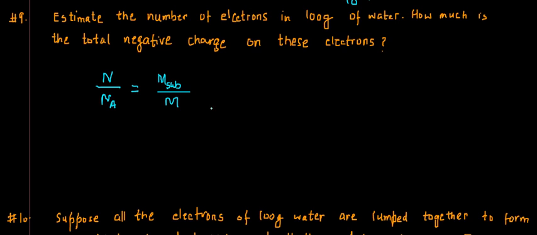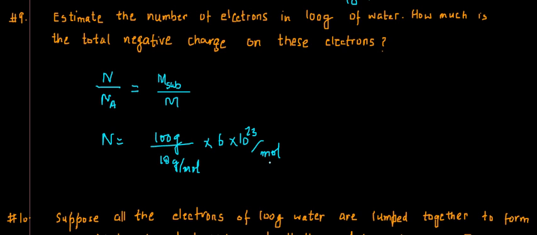Now we know that, therefore N is equal to the mass of the substance, that is mass of water, which is given as 100 grams. Molar mass of water is 18 grams per mole. We multiply by Avogadro's number, which is approximately 6 into 10 to the power of 23 per mole. So we'll get the number of molecules in 100 grams of water.